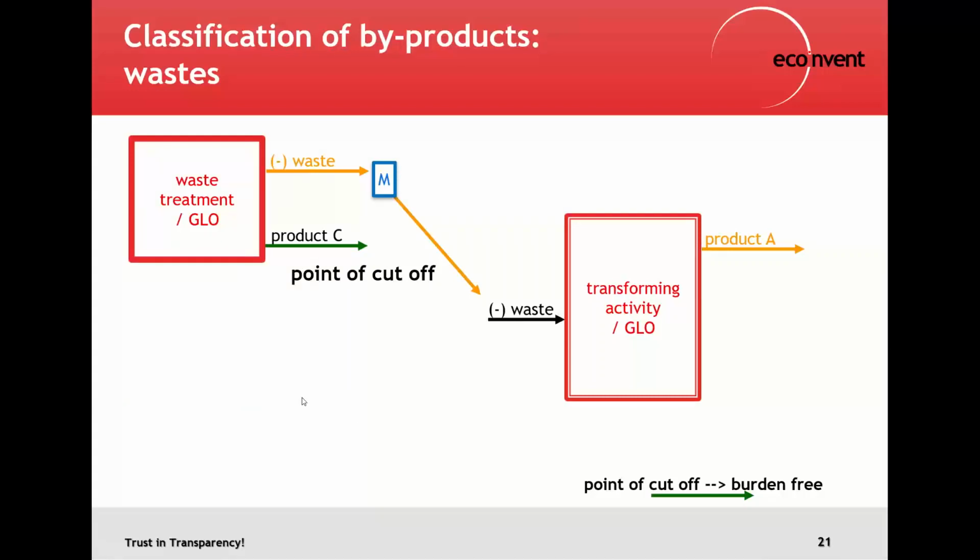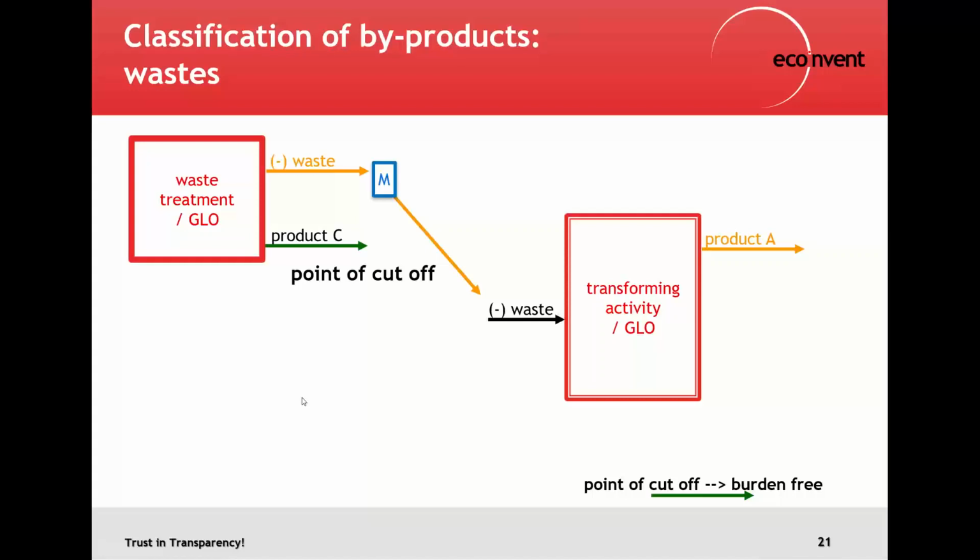The activity will get the full burdens of treating that waste, of disposing of that waste, but any valuable byproduct produced out of the treatment activity will be delivered burden-free. There's here a point of cutoff. That's why the name cutoff in the system model. The cutoff is here.